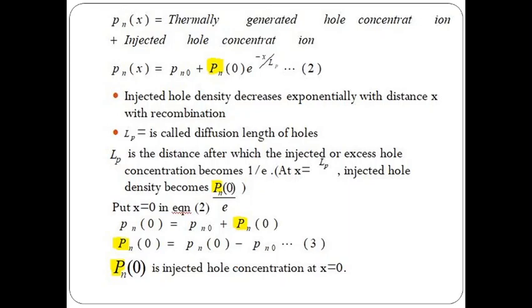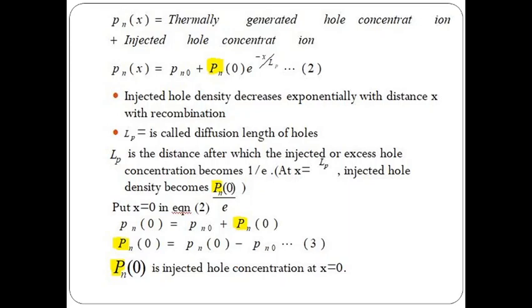Here I calculate the current at x equals 0. We are putting x equals 0 in equation number 2. Then what happens? Pn of 0, the net hole concentration at x equals 0 at the junction, equals Pn naught, which is thermally generated, plus capital Pn of 0.